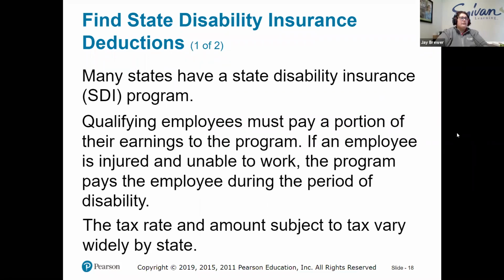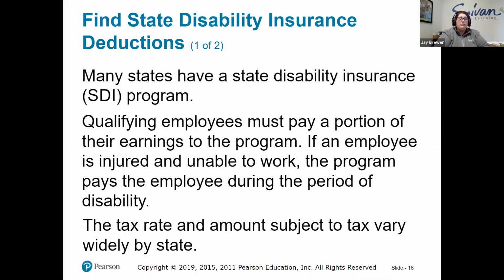Find state disability insurance deductions. Many states have a state disability insurance program. So on your payroll stubs and on your W-2s at the end of the year, it will say SDI. That stands for your state disability insurance. You don't have a choice whether you are disabled, know someone that's disabled, or whatever the situation might be.